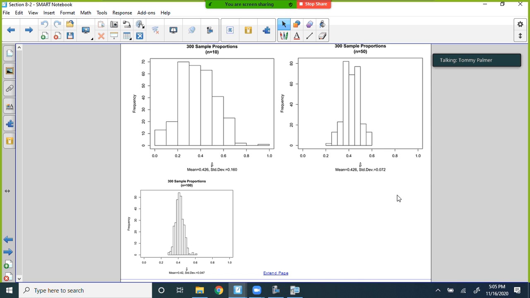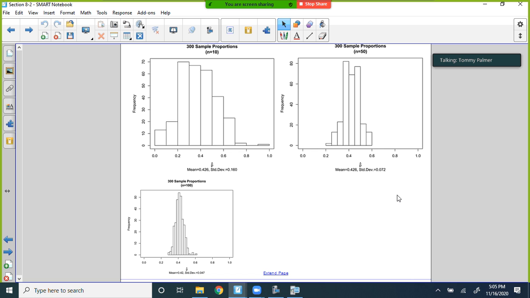The top left is 10, the top right is 50, and you can see the difference in those. Going from top left to top right, at 50, it gets more normalized, and then with 100, you can really start to see how it's normalized, right?